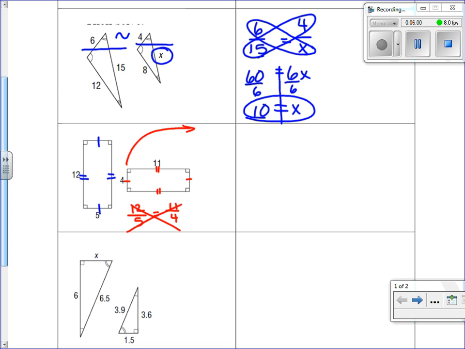That's not right, because we would be basing it on this way. What I want to do is draw this rectangle like this, have my side labeled 11, this side labeled 4. What I actually said was correct, but I want to make sure that you understand why we're setting it up the way we're setting it up. So now I have 12 over 5.